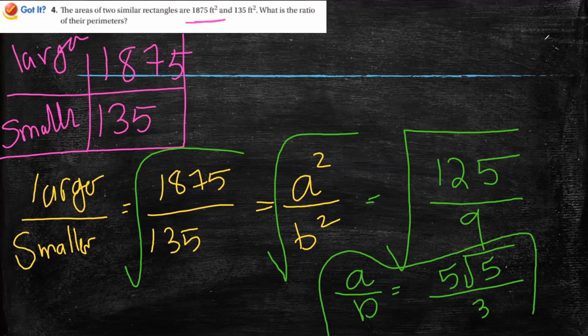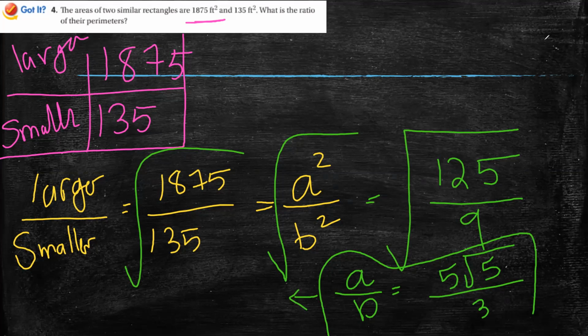Is 5 square root of 5 over 3. Is it clear? Yes, teacher, thank you. This is now A over B. I need now to find the ratio of the parameters. What is the ratio of the parameters? A over B, which is 5 square root of 5 over 3.